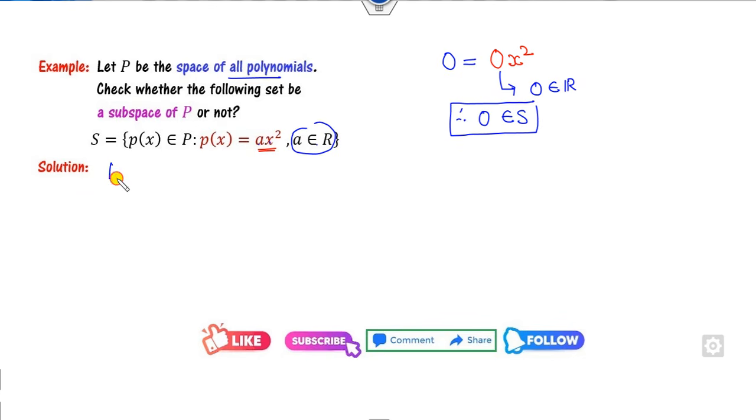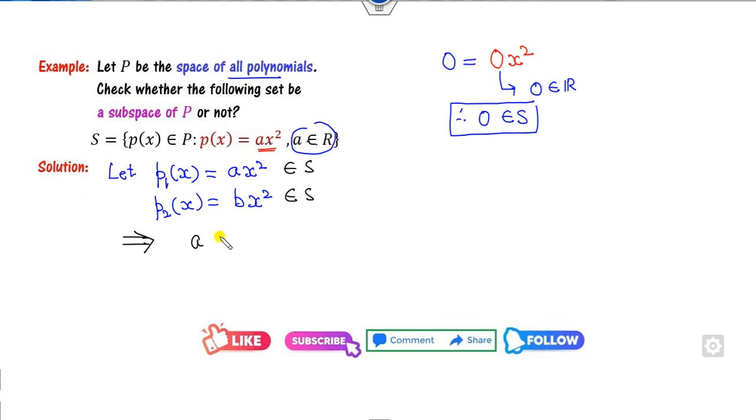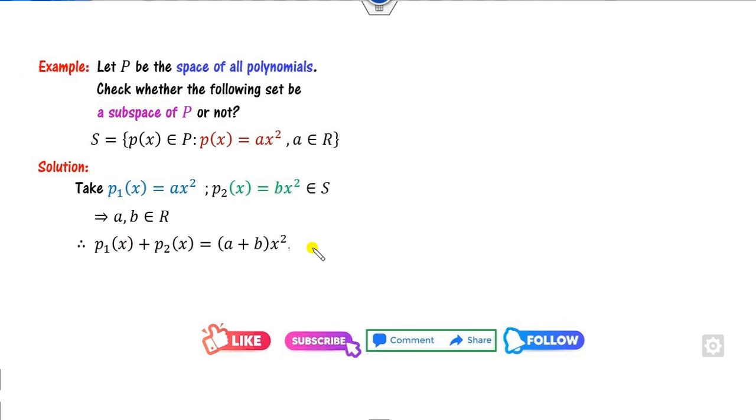Fine. Now I can choose two polynomials. P1(x) is a x square and P2(x) is b x square, and both are part of the S. So if both are part of the S, what does it mean? The coefficient of x square, a, belongs to R, and the coefficient b is also part of R. Then your target is to prove P1 plus P2, that's u plus v.